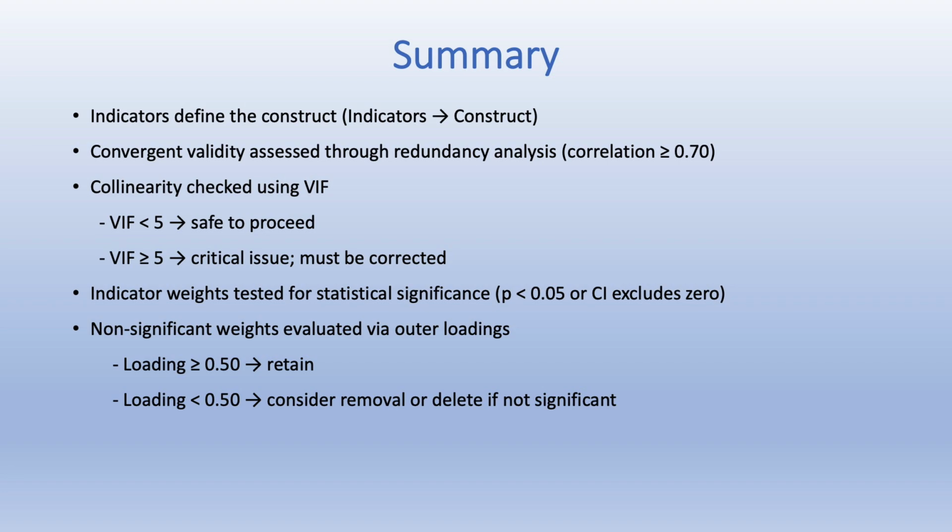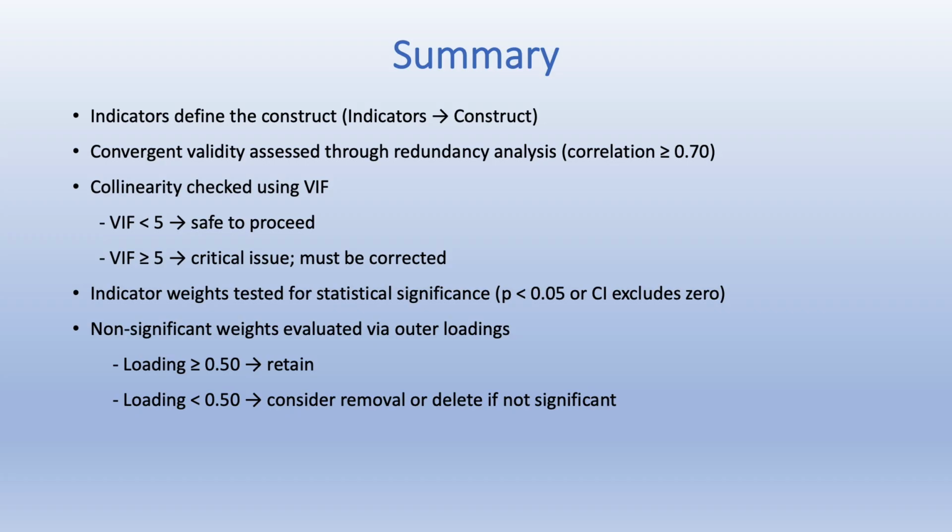The statistical significance of indicator weights is tested, with significant weights interpreted in terms of their absolute and relative contribution. When weights are not significant, outer loadings are examined. Indicators with loading of 0.50 or higher are retained, while weaker indicators may be removed or deleted.